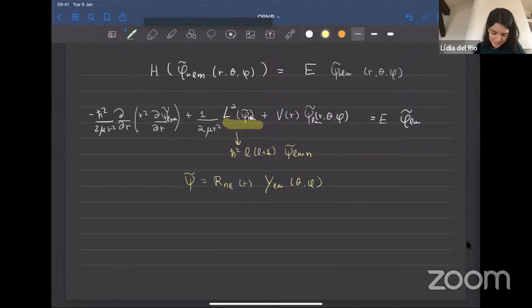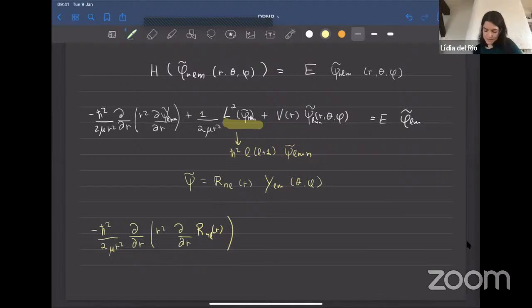And what we get is this. So we get this minus ħ²/(2μr²) d/dr of r² d/dr. And again, because nothing happened to this Y part, we get here just the R. And then on the right, it's all kind of constants times the thing.